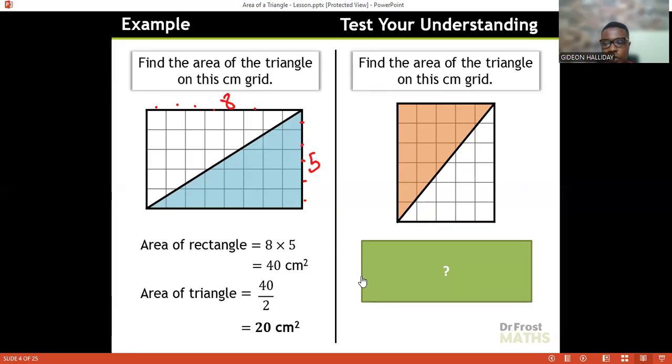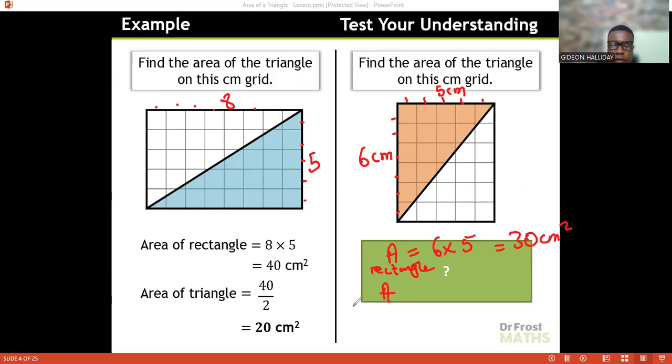Now your turn. Pause the video and then check this out. Try this. So what we do here: one, two, three, four, five. So this is 5 centimeters. And then the length: one, two, three, four, five, six. 6 centimeters, right? So the area of the rectangle would be 6 times 5, and that's 30 centimeters square.